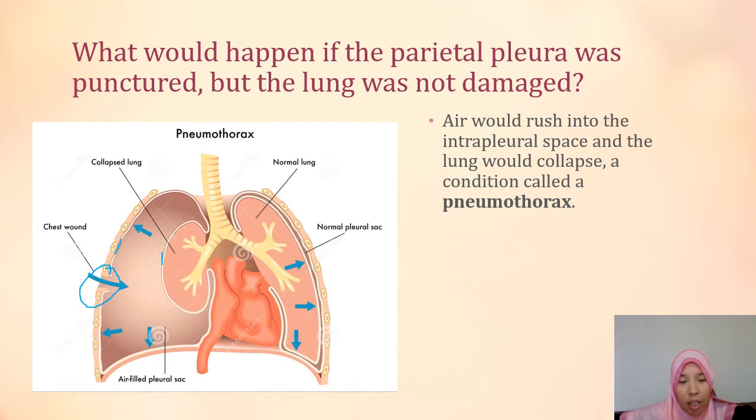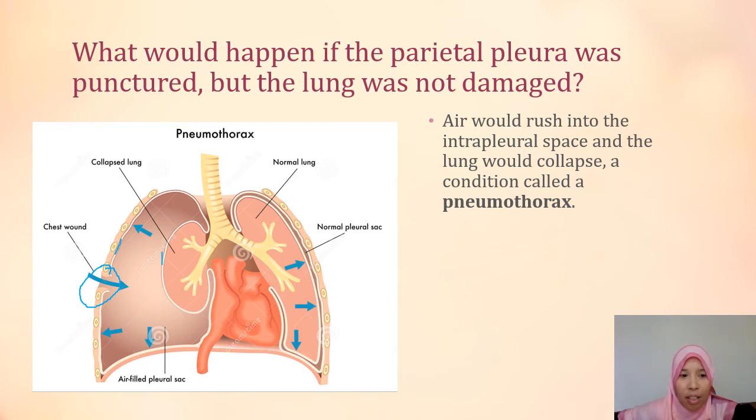If the parietal pleura is punctured, air from the outside comes in, so air would rush into the intrapleural space, and the lung would collapse.